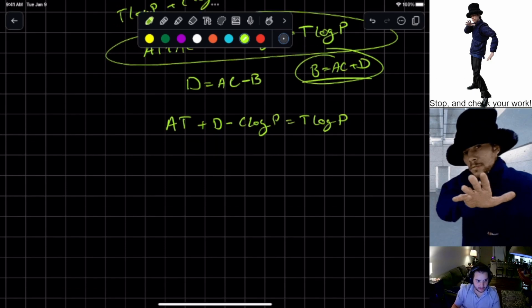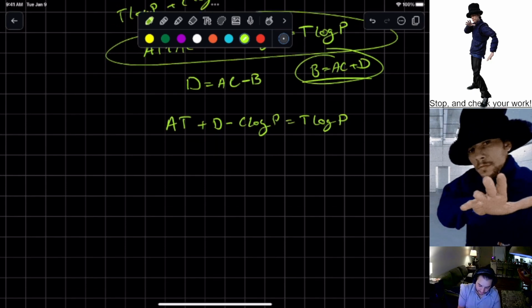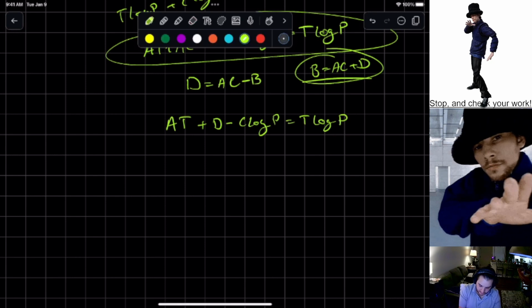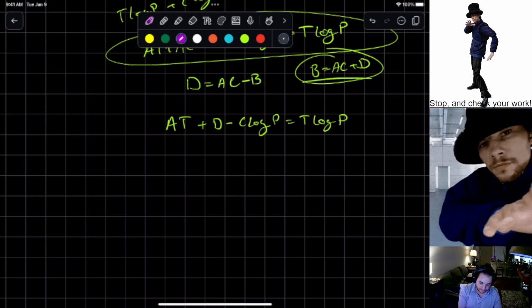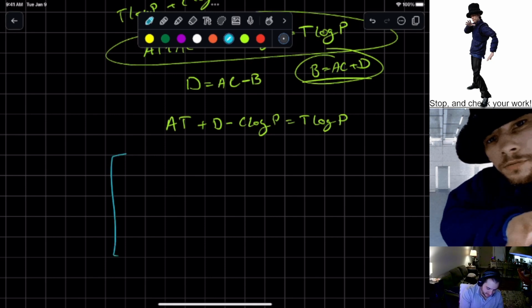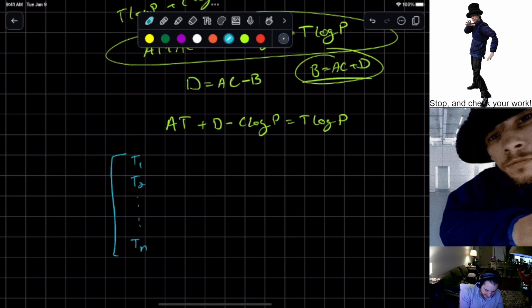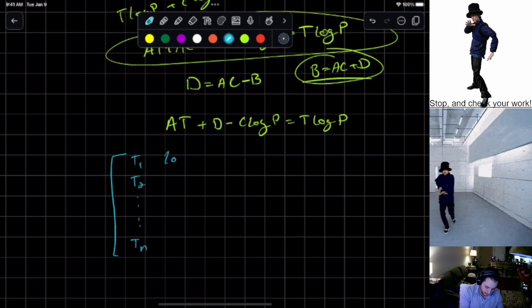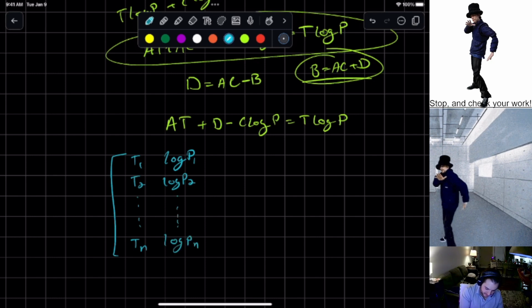So if we get the matrix out, let's make this a different color. Let's do a nice blue. I like blue. So we get T1, T2, so on till Tn, log P1, log P2, log Pn, and then just a column of 1s.